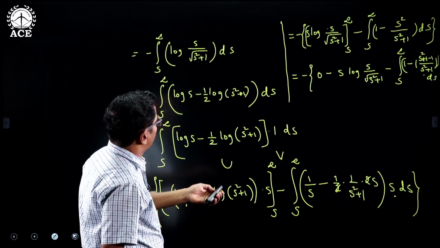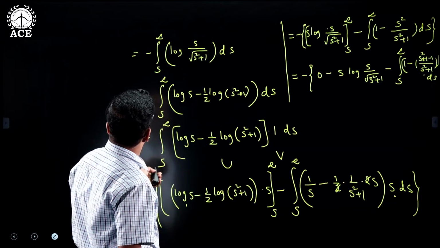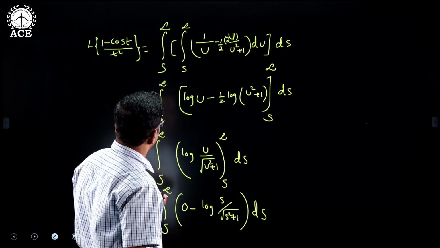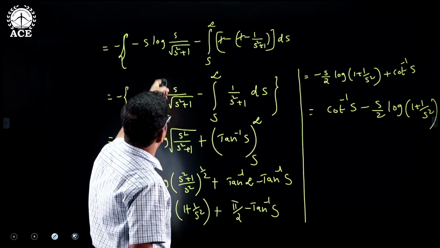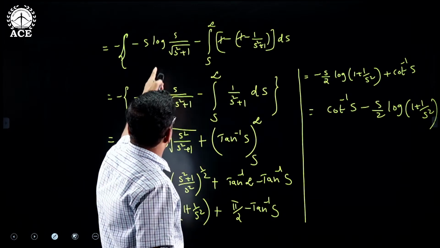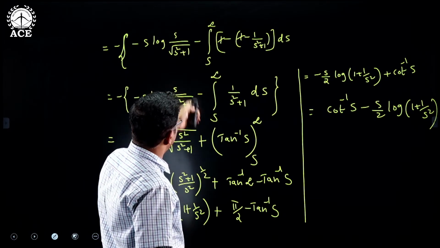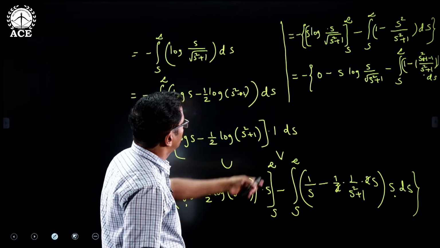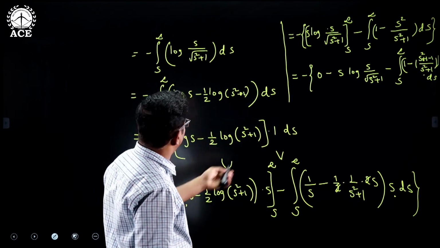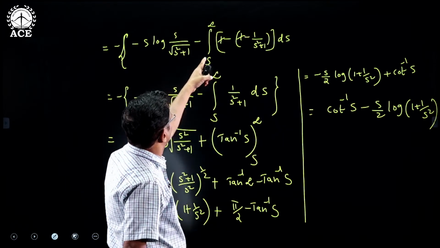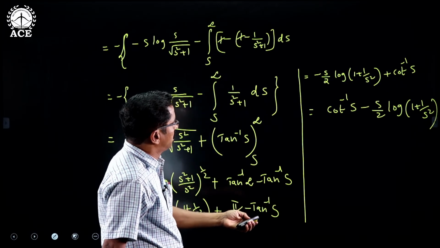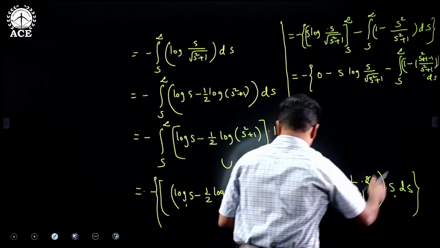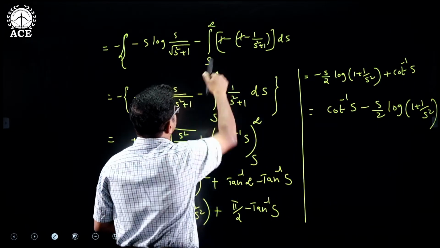So now minus of minus of s into log of s by root of s square plus 1, minus integration s to infinite, that one I am writing as 1 minus of 1 minus 1 by s square plus 1. This I simplified and wrote like this.